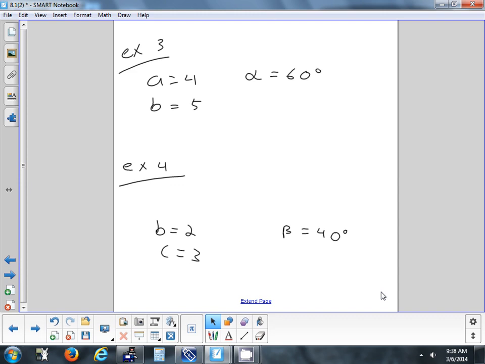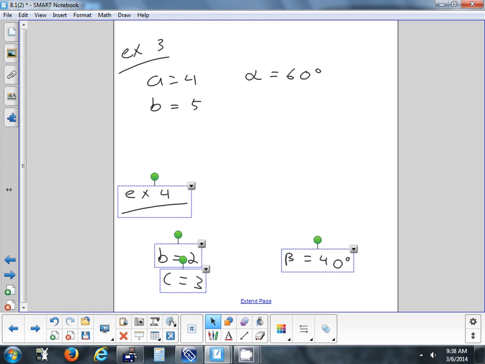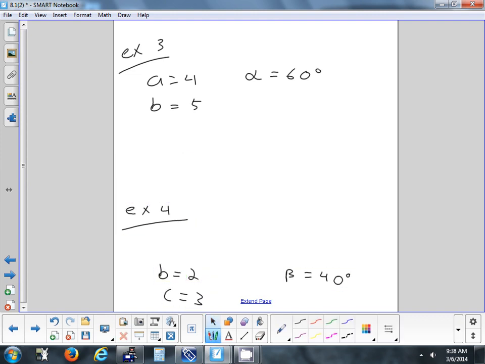How about example 3? Anybody think they figured out that one? Yeah. No solution. Okay, let's just take a quick look at why. So you're forced to solve for beta right away. So sine 60 over 4 equals sine beta over 5.